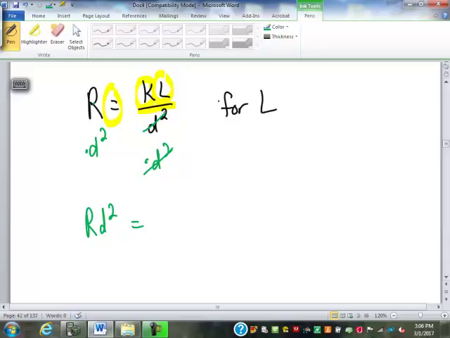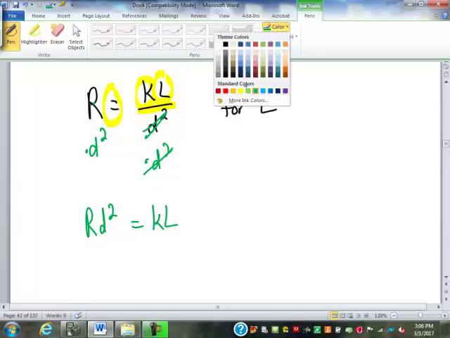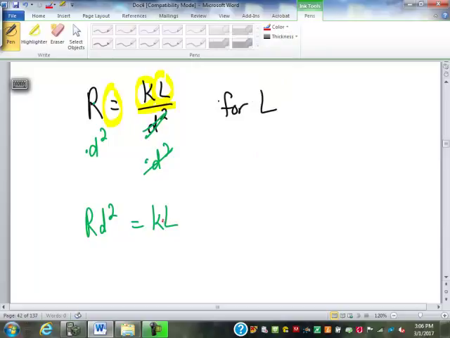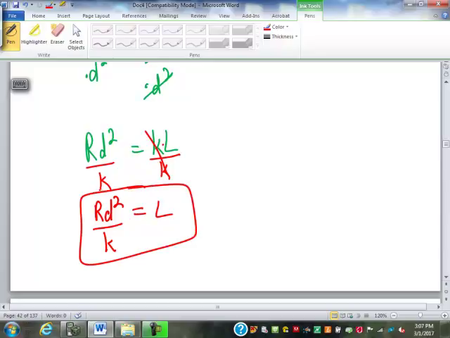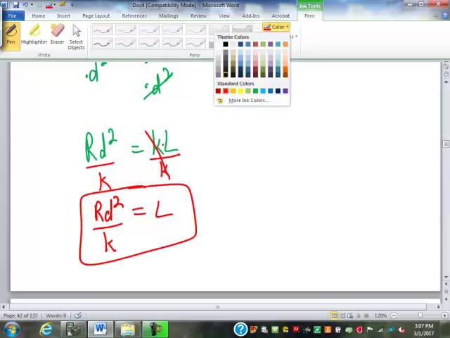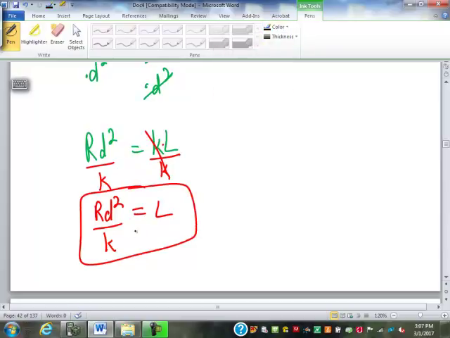All that's left on the right side, the D squared is canceled out, is gone, so all we have left is K times L. Now to get L by itself, it's being multiplied by K, so we divide by K. That cancels it out over there, leaving us with L. So R times D squared divided by K is just RD squared over K. So I've rearranged that formula so it's L equals.